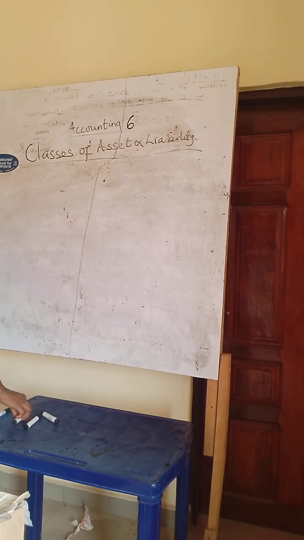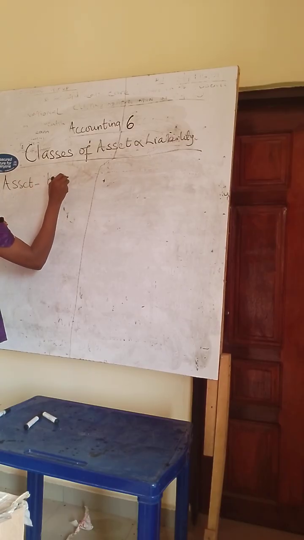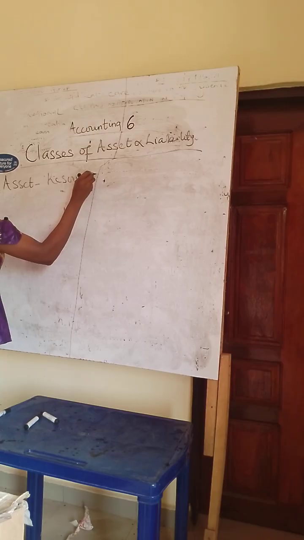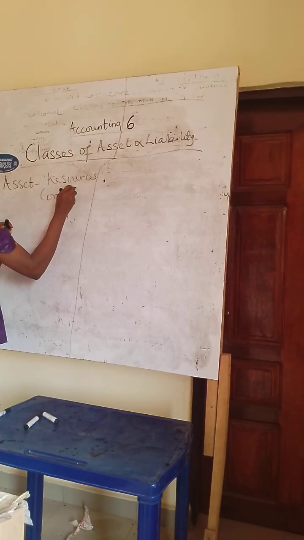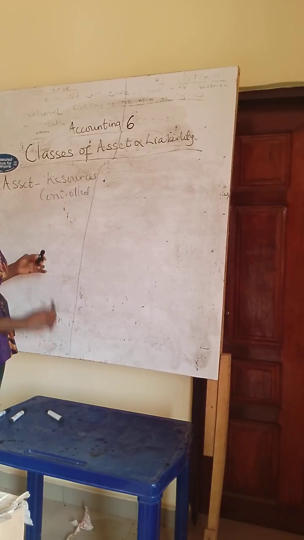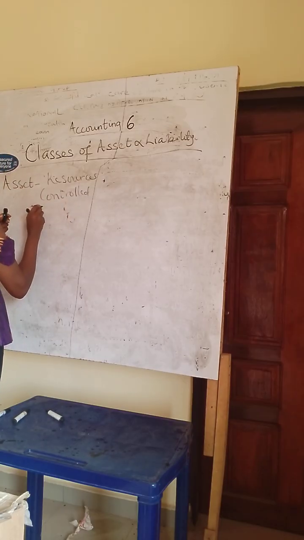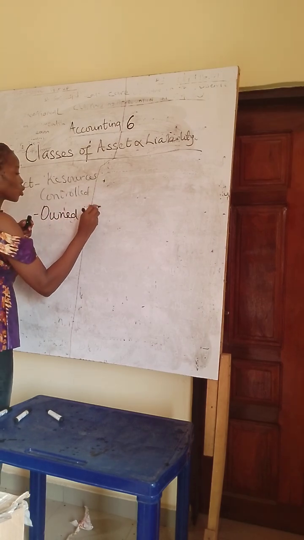Now, I defined assets earlier on, but I'll give you a better definition to make it a lot easier. Assets have five characteristics. First of all, they are resources. They are controlled and owned by the business owner.